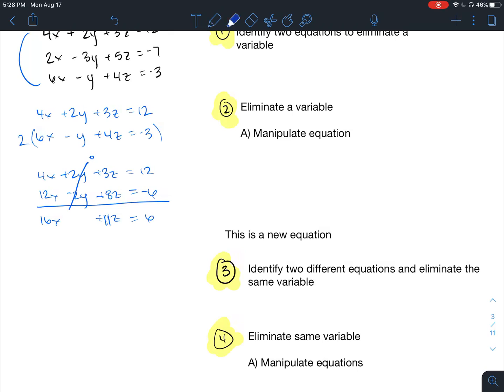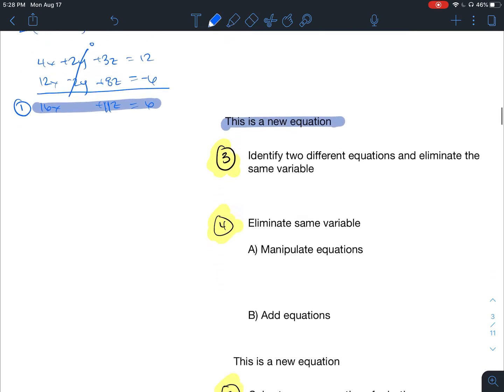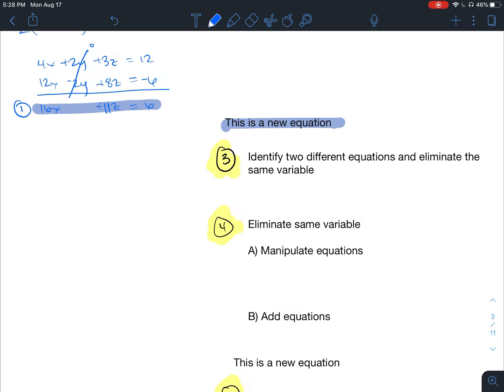Okay, I'm going to highlight this right here. I'm going to add a 1 and circle that. And we're going to come back to it because this is a new equation. Okay, don't forget about that one, but we're going to circle back to it.